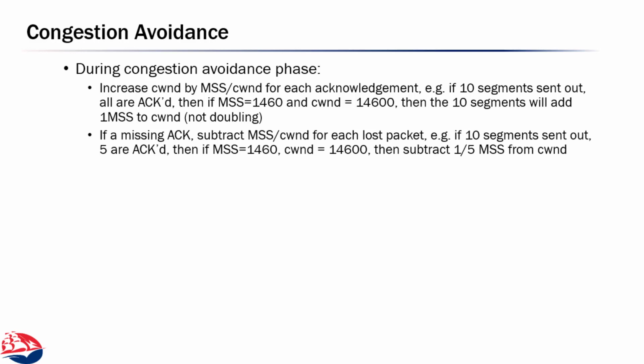Then, once we leave the slow start phase, we're going to go to congestion avoidance. And during the avoidance phase, every time that I get an acknowledgement, I'm going to add MSS over the size of cwind onto the cwind estimate.